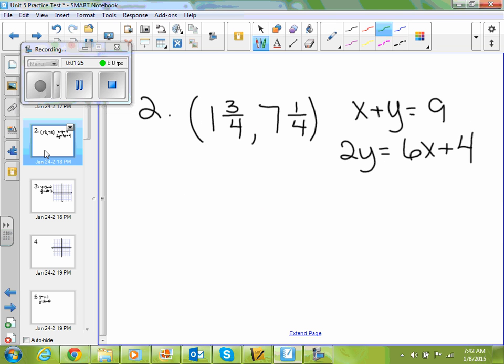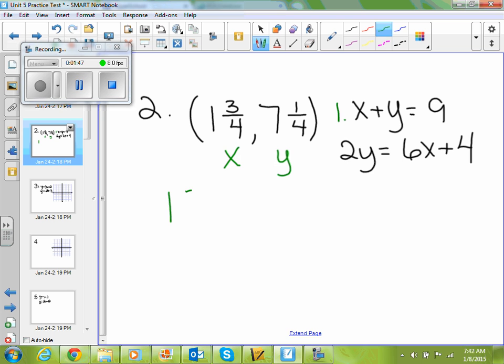If I look at number 2, I'm given the ordered pair (1 and 3/4, 7 and 1/4), and then given the system x + y = 9, 2y = 6x + 4. So I know that my first value is always my x, second value is always my y. That was my first equation.